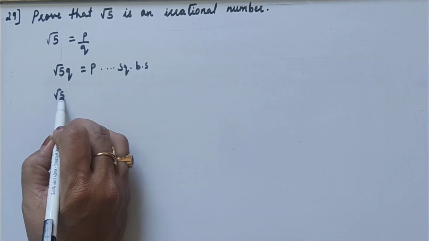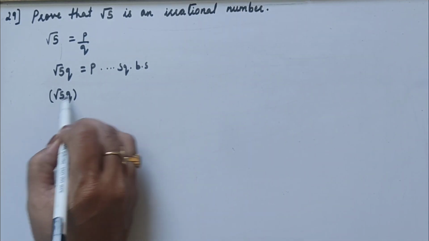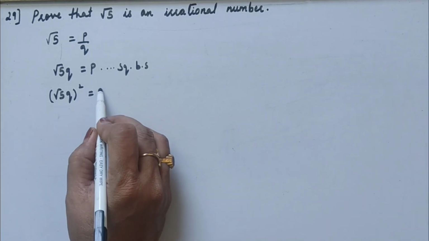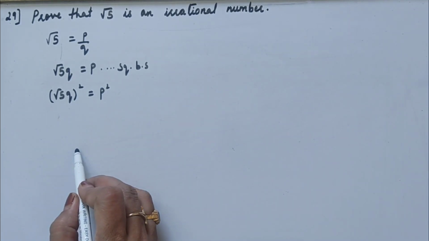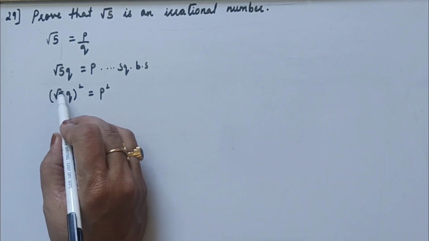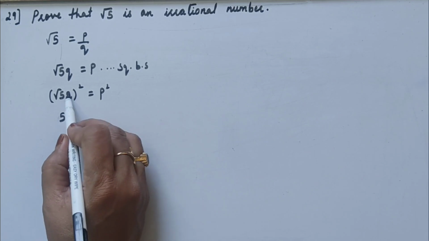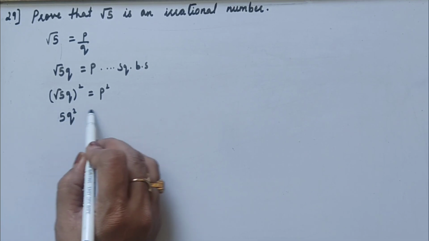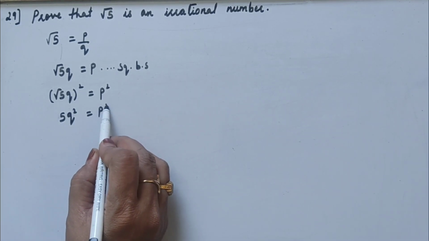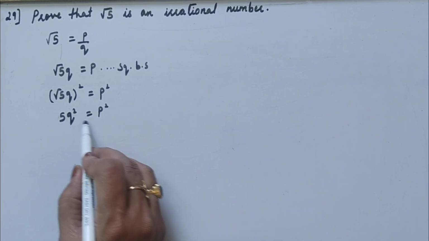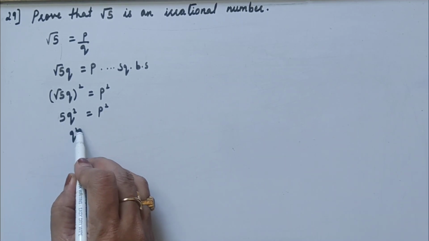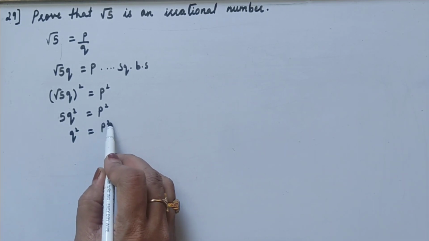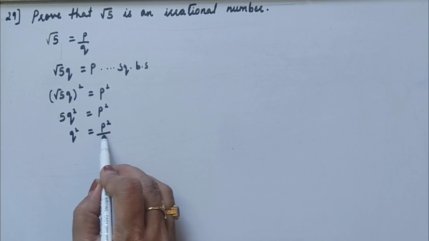So root 5 Q whole square equals P square. Now root 5 into root 5 will be 5, so 5 Q square equals P square. Now I'll take this 5 here. Q square equals P square upon 5.